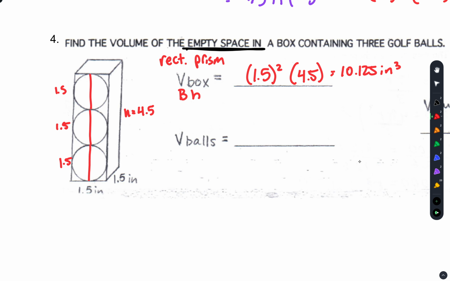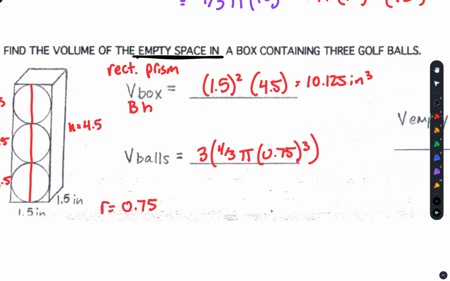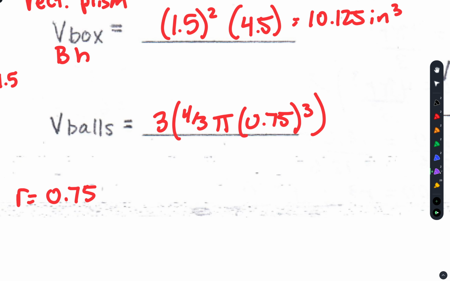And then I need to find the volume of the spheres. So there's 3 of them. I know the volume of one sphere is 4/3 pi radius cubed. I got to find the radius of this really quickly. So take your diameter, cut it in half. 0.75 is our radius. A little trick here. If I multiply 4/3 times 3, those 3's are going to cancel out.